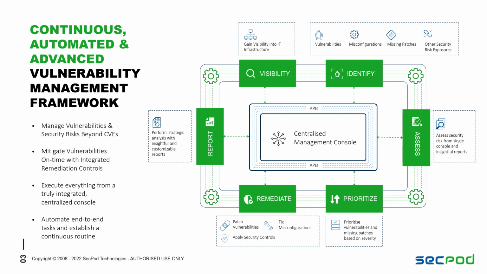And then remediate using patching the vulnerabilities, but also take into account fixing the misconfigurations in your setup that you have, and also apply some additional controls. For example, you want to block an application or block an installer. All these are important parts of mitigating risks, and also have reports that can give you insights on how it looked yesterday and how it is going to look today, right? I have patched and how I am becoming better and better at vulnerability management.